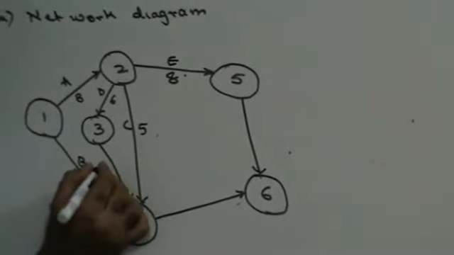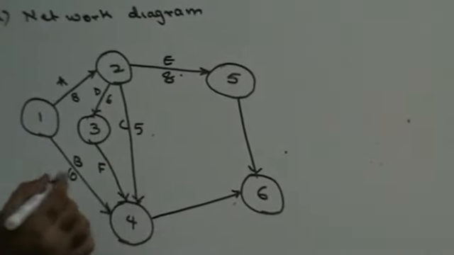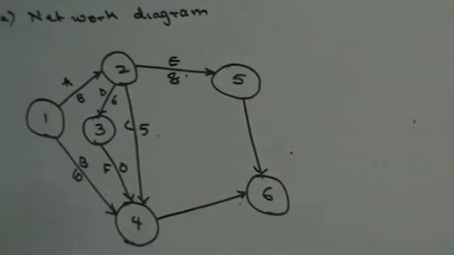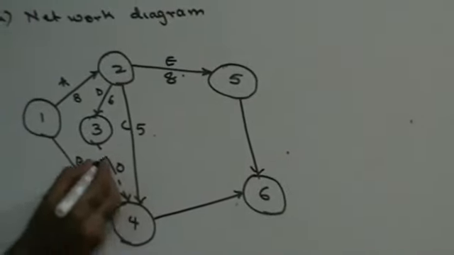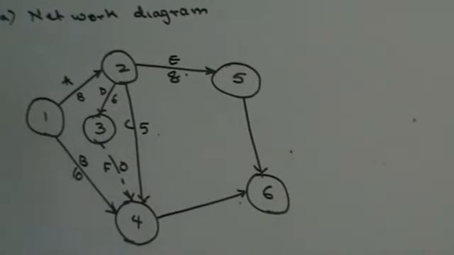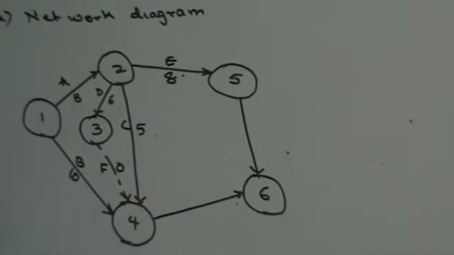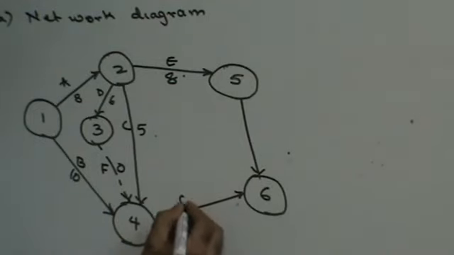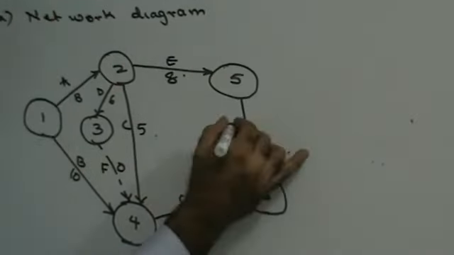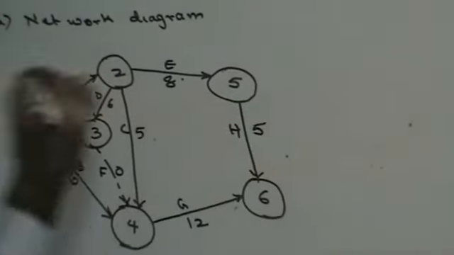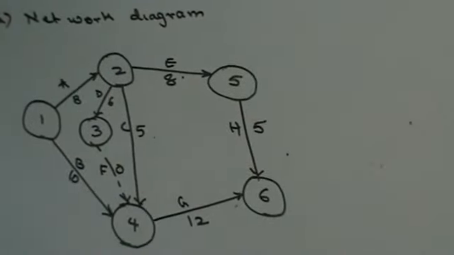From 3 to 4, activity F, which is 0 days. That's my dummy, I could show it with dotted lines. Then from 4 to 6, G is 12 days, and from 5 to 6, H is 5 days. So my network diagram is ready.